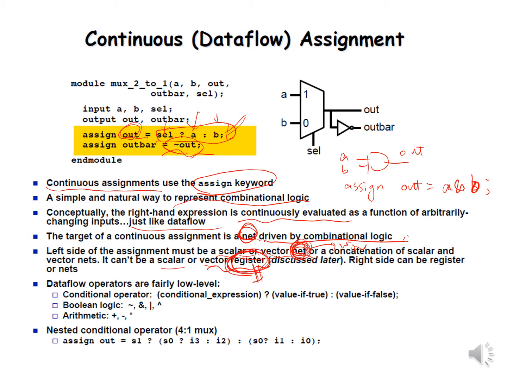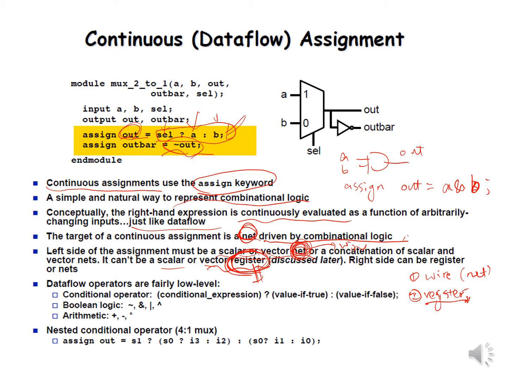So you can see that there are two types of variable you can use in Verilog. One is wire or net. The second one is register. Register is a variable used for special types of signal.